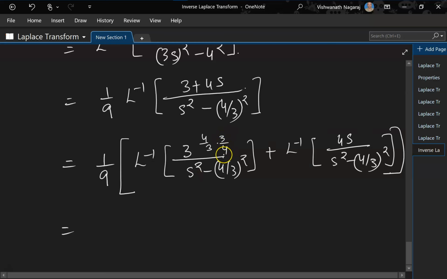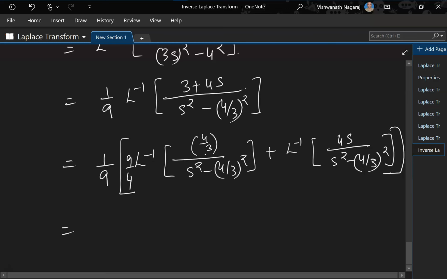So now it becomes 9 by 4. So that 9 by 4 I can take it out. Don't take it to the outside bracket, because this is applicable only to this, right? So which means now I can delete this. So 4 by 3 has been done.